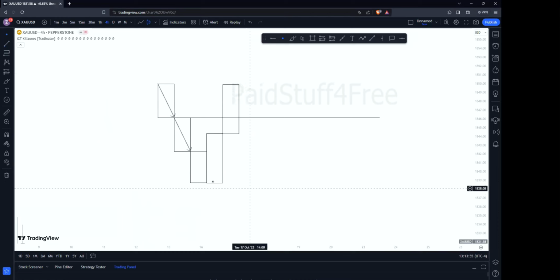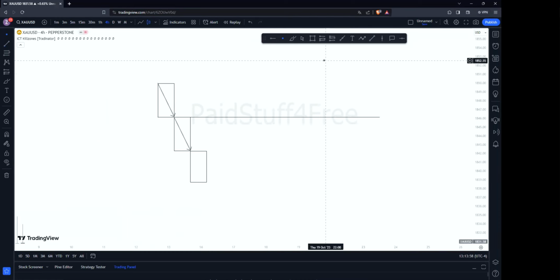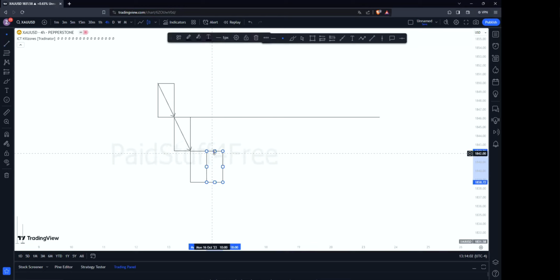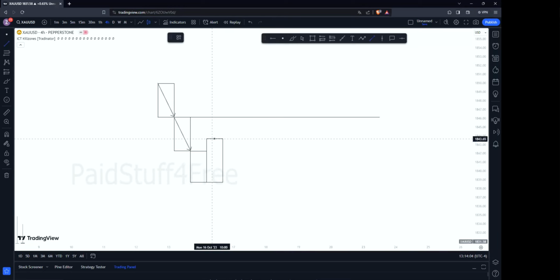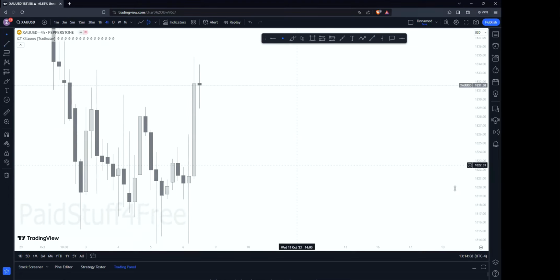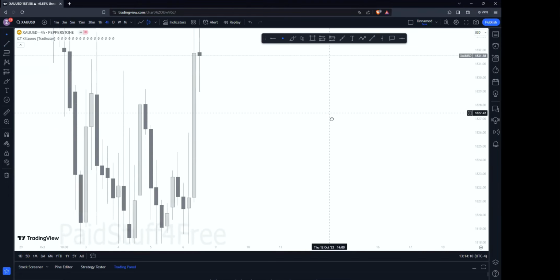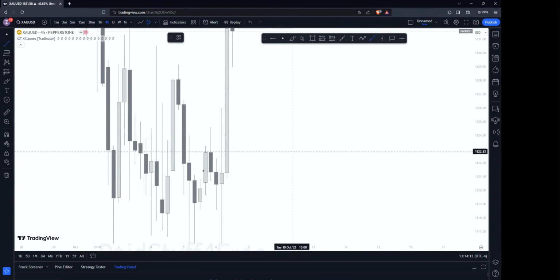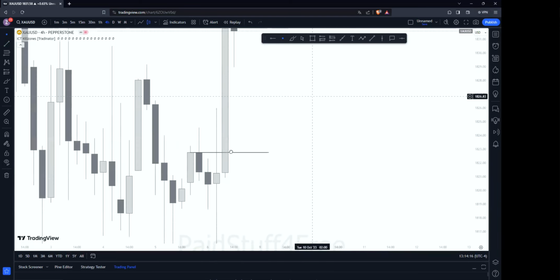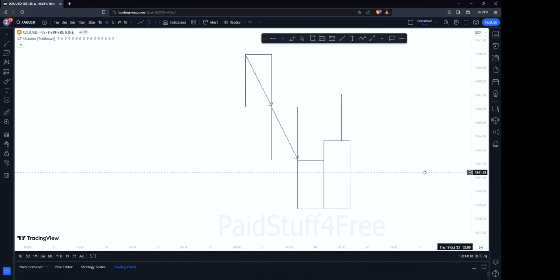Now, let's say the price tagged it with a wick. Let's say price tagged it with a wick. There is a wick right here. Let's take an example right here. There is a wick on the level. So this level becomes unfresh.